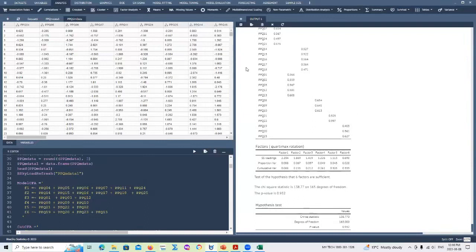Let me do something different. Let me come here and do something different, then I'll show you. I will illustrate the point again. I will go here and do factor analysis.